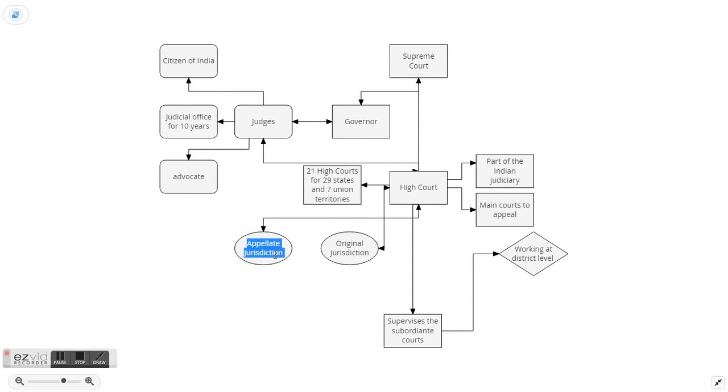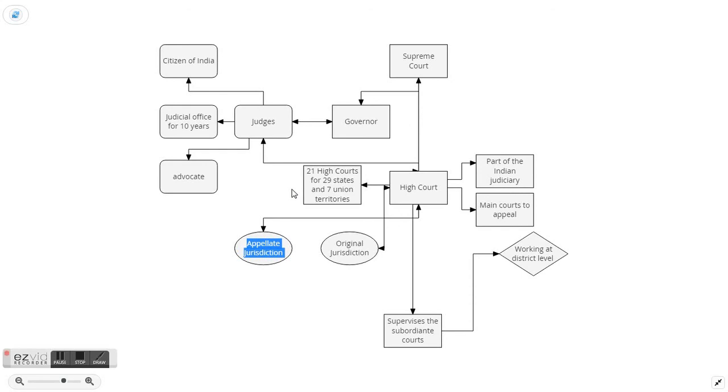Cases of alleged violation of fundamental rights can be started in the high court or in the Supreme Court. The high court has the power to issue orders to restore the fundamental rights of the people.